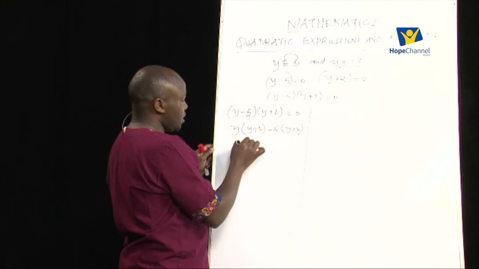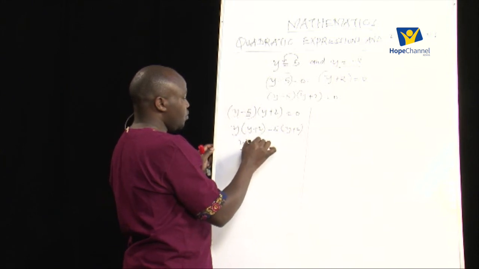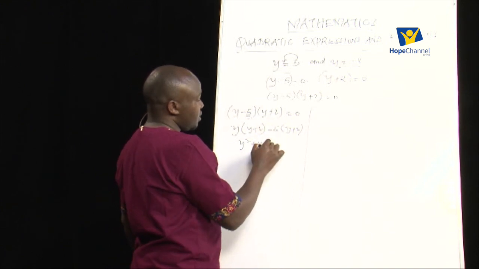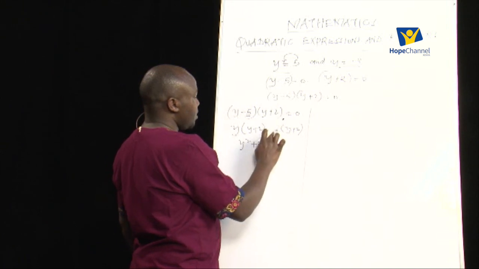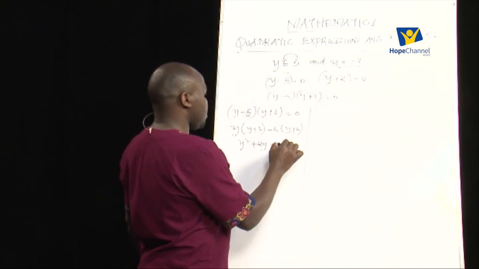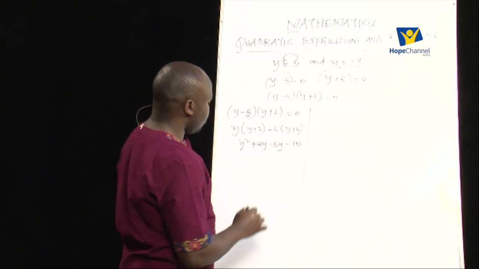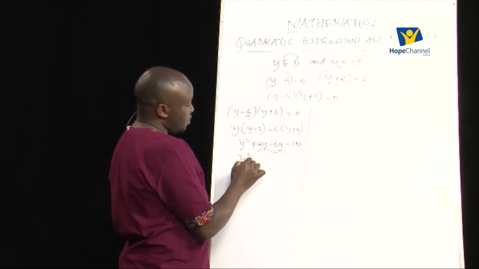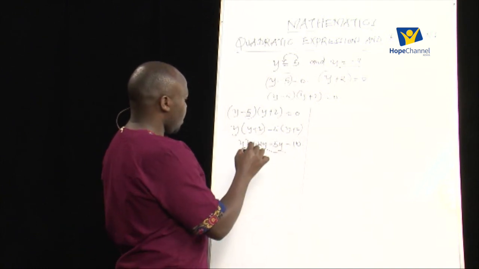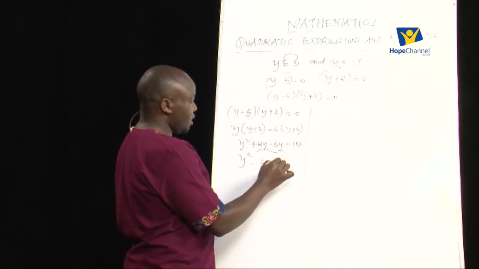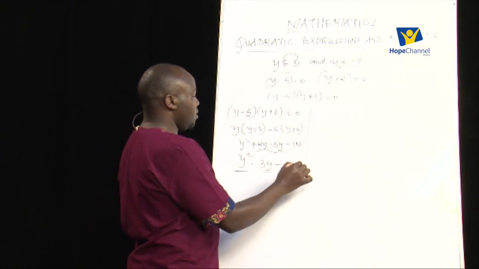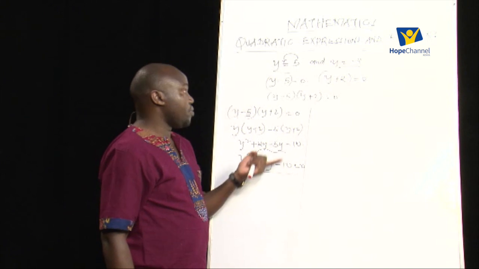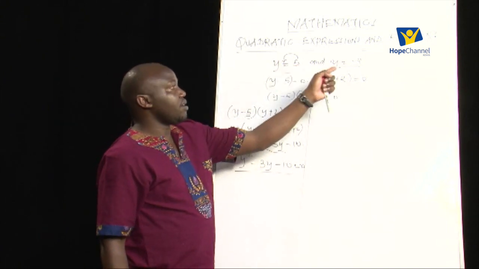So I'm going to have y squared, y times this one is plus 2y, -5 multiplied by this is -5y, and -5 times +2 is -10. We add these: y squared, +2y minus 5y is -3y, minus 10 is equal to 0. And it means this was the quadratic equation that was used to obtain the roots, y is equal to 5 and y is equal to -2.